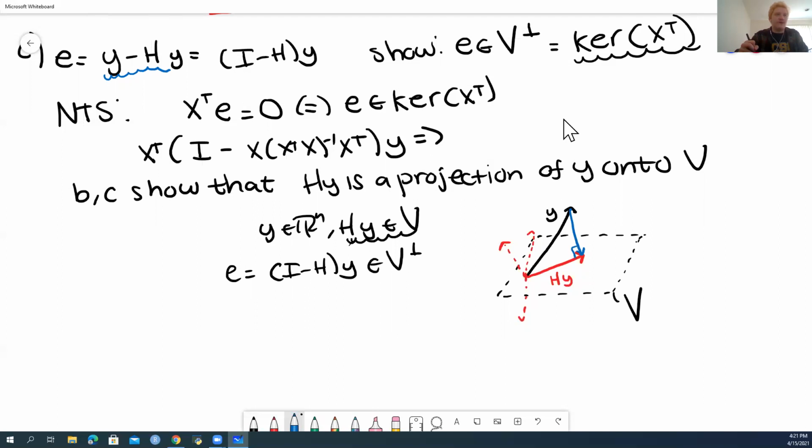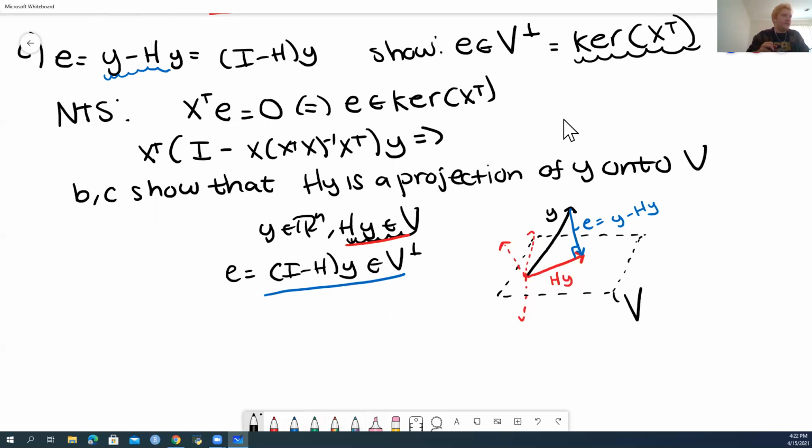This needs to make a right angle. So this is E, which is equal to Y minus HY. If HY is in V, and E is orthogonal to it, those two facts together show that HY is the projection of Y onto V.